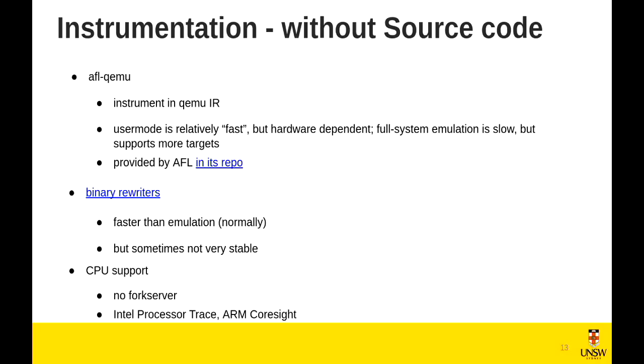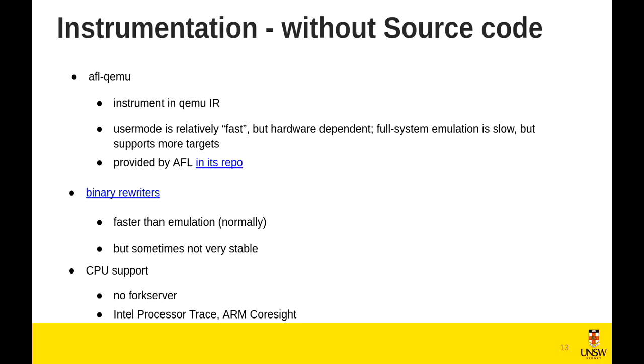For Intel CPUs, we can use the Intel Processor Trace feature, if the CPU supports it. And for ARM CPUs, we can use CoreSight. So these are the trends. Compared to QEMU and binary rewriters, using CPU support is normally much faster and much more stable.